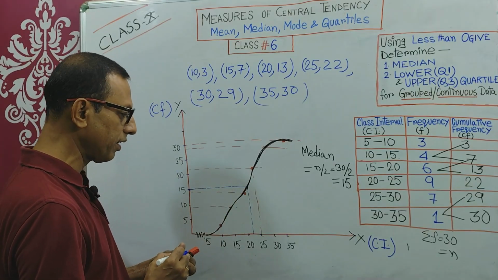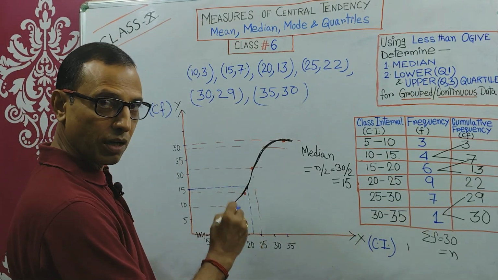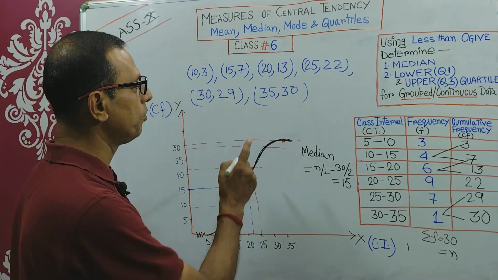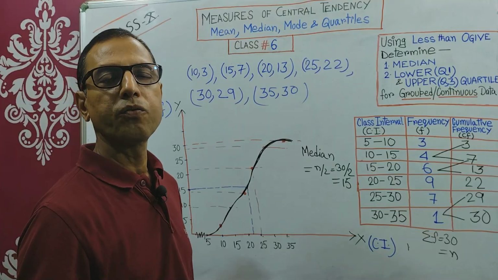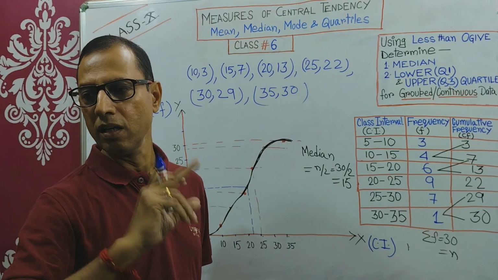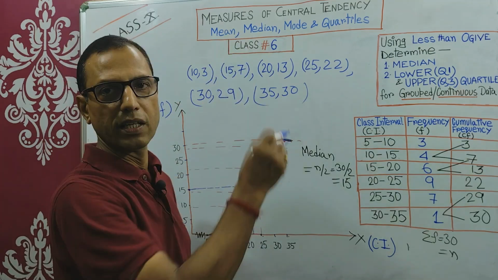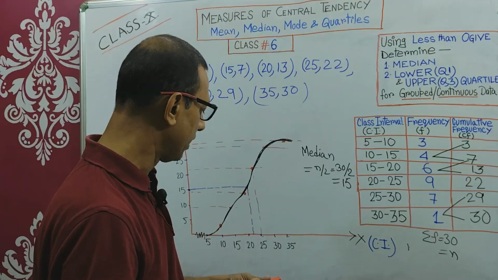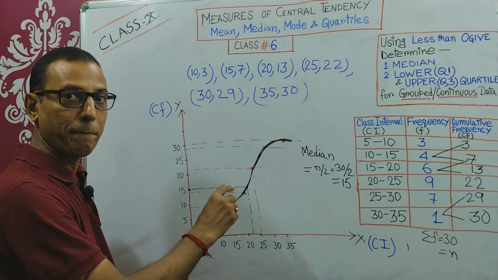Now just for your understanding, to see what the exact value will be, I will utilize the formula for calculating the median for grouped data that I explained in the 4th class of this series on measures of central tendency. Let's calculate that, then you can compare these two.